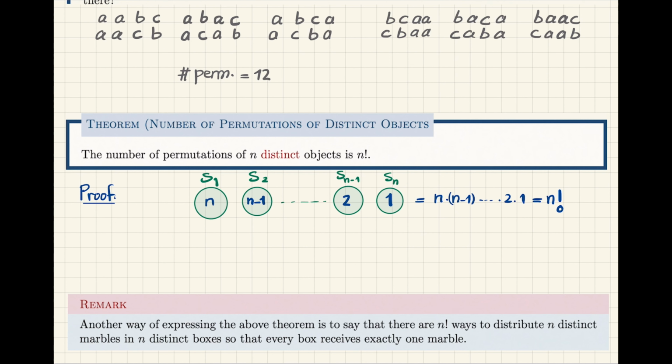So for example, you can imagine n identical billiard balls, but they have been labeled with 1 up to n, and then you have n boxes labeled from 1 to n. You want to distribute these marbles inside these boxes so that every box receives exactly 1 marble. In how many ways? I can do that in n factorial ways.